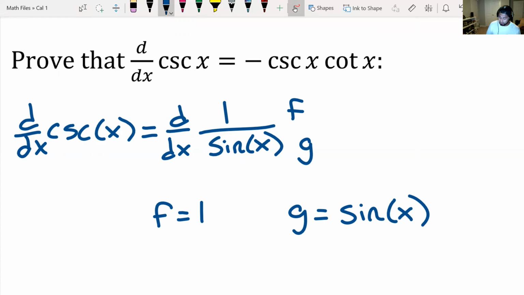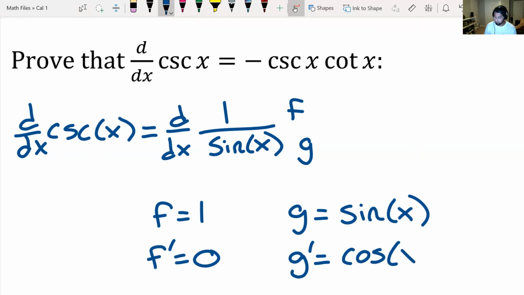The derivative of 1 is 0. The derivative of sine is cosine.